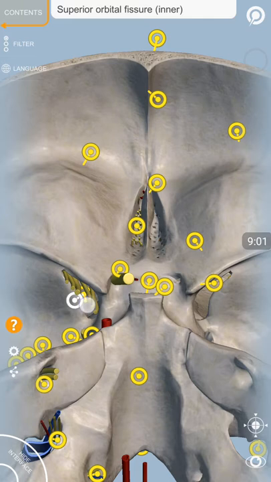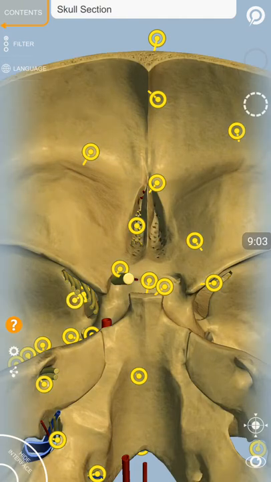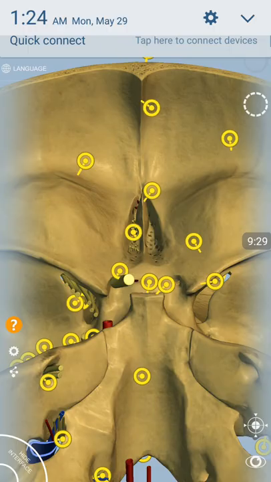They pass through this superior orbital fissure, and those nerves are the third nerve, the fourth nerve, the oculomotor and trochlear, and the lateral rectus abducent nerve, and besides that the first two divisions of the trigeminal nerve. So in the coming videos we will discuss the middle cranial fossa. Thank you very much.